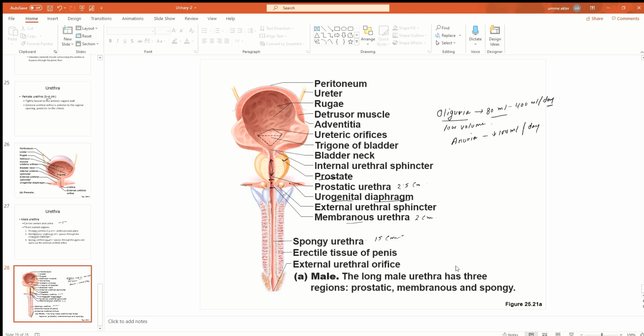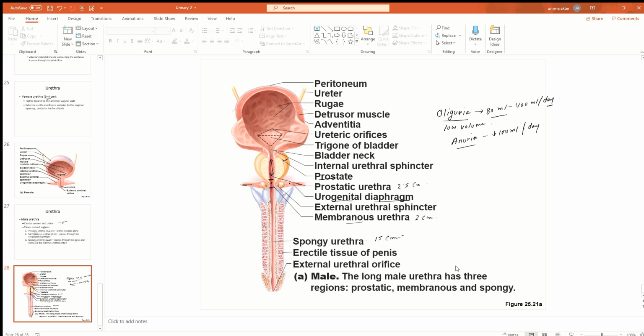Okay, and that indicates almost complete kidney failure. Anuria can also be caused by some severe obstruction by kidney stones or tumor.